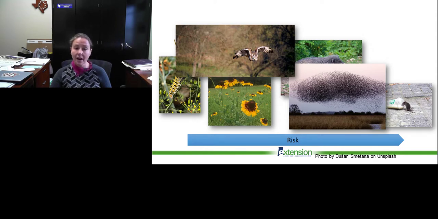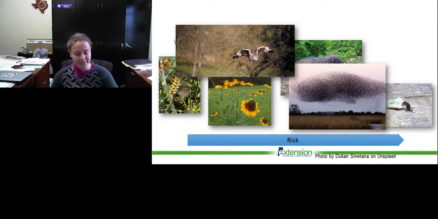All right, and then we've got birds that kind of fall all over the place, depending on the bird and depending on the situation. But in general, we can look at insectivorous species of birds and raptors as being more low risk, and flocks of some types of birds, I'll say our non-native species in particular, could be higher risk.